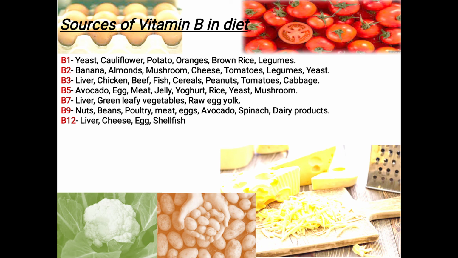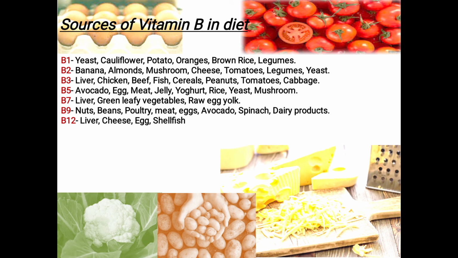So, for having riboflavin, you should eat banana, almonds, mushroom, cheese, yeast, these all kind of foods. Talking about pantothenic acid. Now, what is pantothenic acid? It's vitamin B5. So, you can get it from egg, meat, rice, or yogurt.